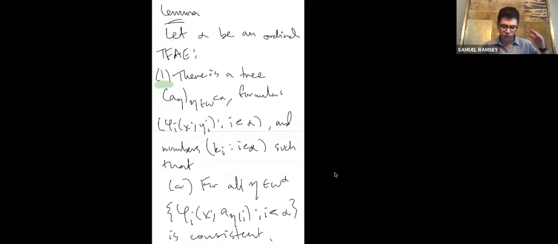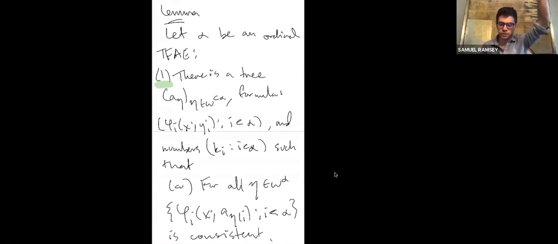If you have an ordinal alpha, the following two things are equivalent. One is that you have a collection of formulas indexed by alpha, a tree of height alpha, and a collection of numbers, one for each number less than alpha, such that you can build a tree of tuples of height alpha. The paths of this tree are consistent. You plug the thing at level 0 into the 0 formula, the thing at level 1 into the 1 formula, the thing at level 2 into the 2 formula.